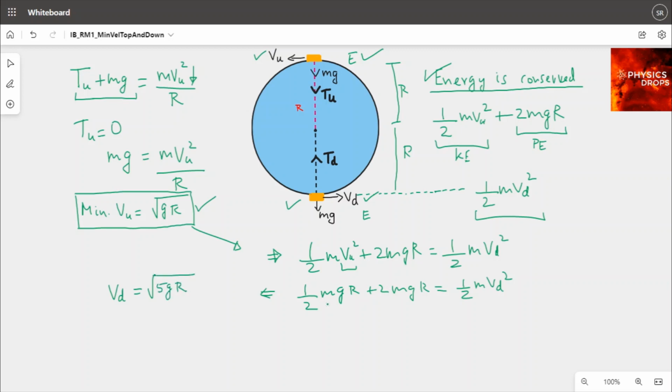Because this half mgr and 2 mgr is nothing but 2.5 or 5 by 2 mgr. The 2 in the denominators would get cancelled. That's how we get 5gr. So the minimum velocity at the down position would be square root of 5gr, and the minimum velocity at the up position would be square root of gr. Thank you.